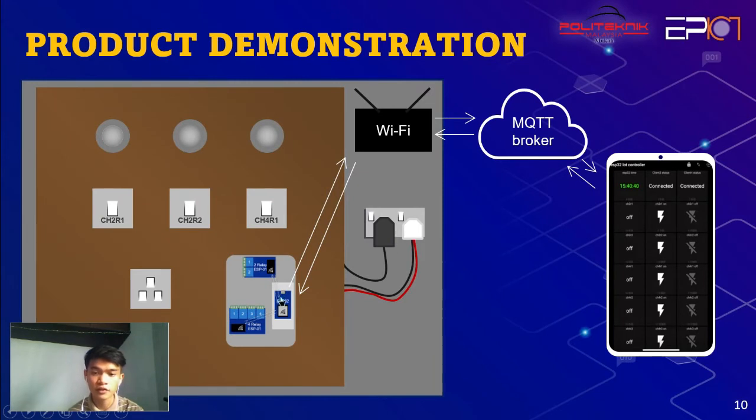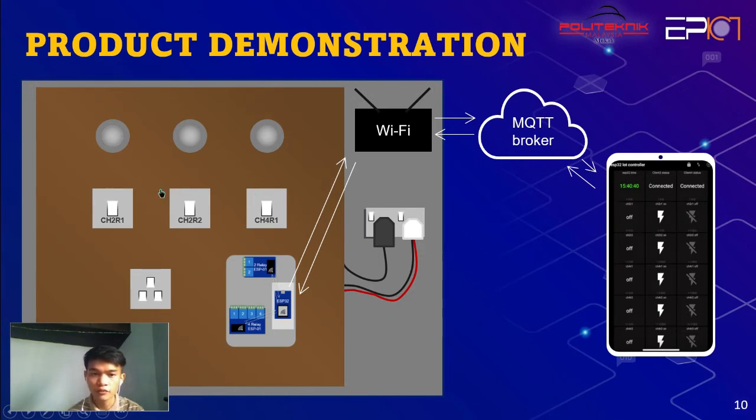The first thing is ESP32 will be sending data to the Wi-Fi, then the Wi-Fi will be connected to the internet, which sends to the MQTT broker, so that the phone can contact the ESP32 by using this application, which is the MQTT Dash.